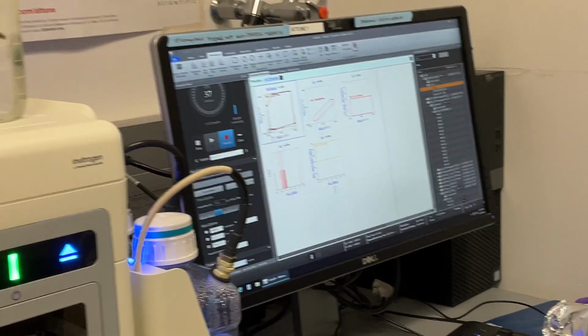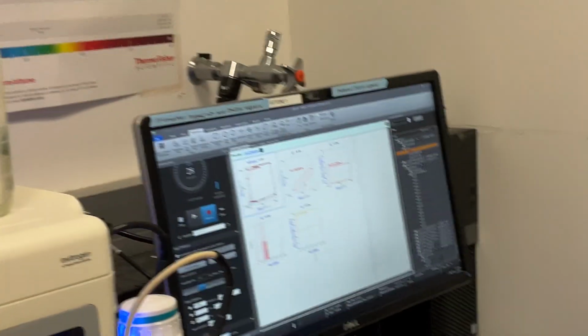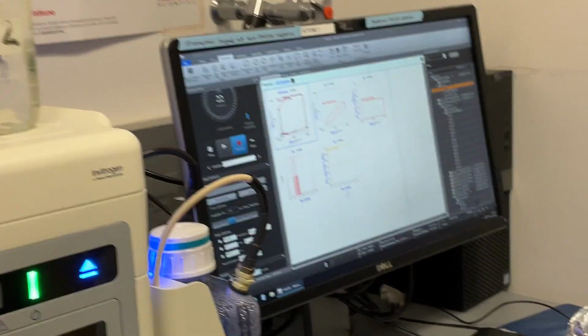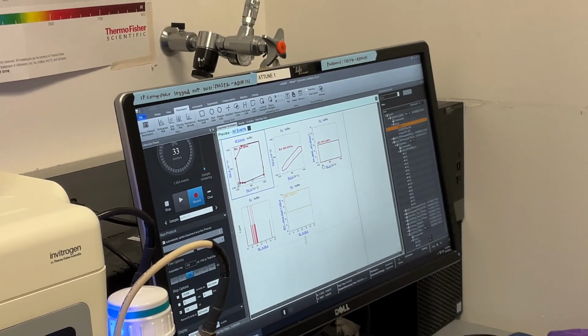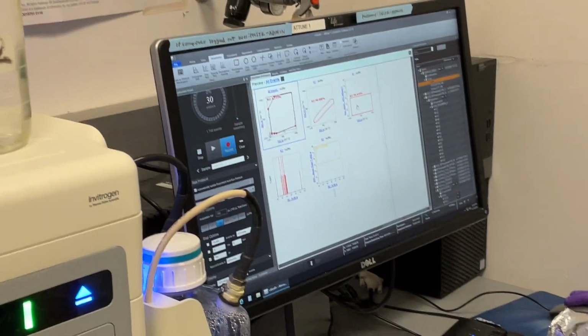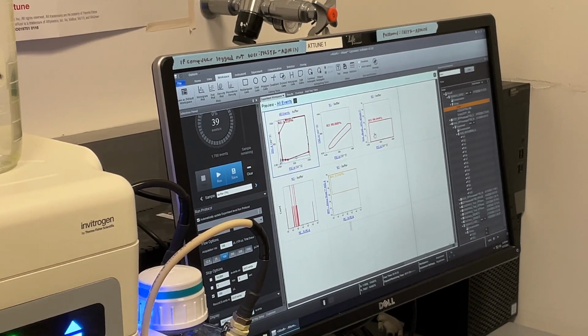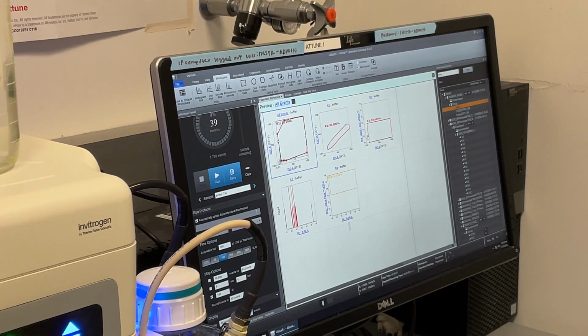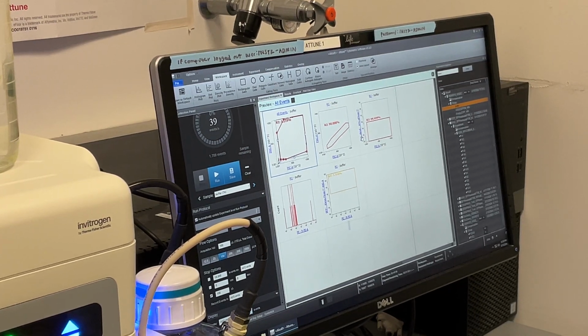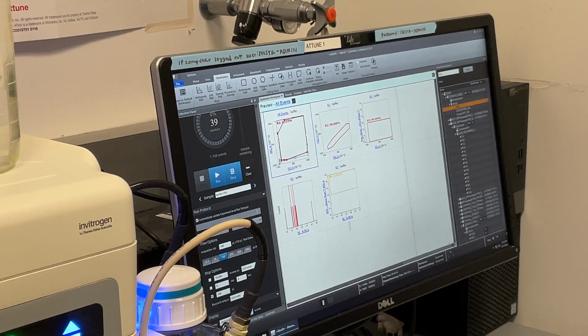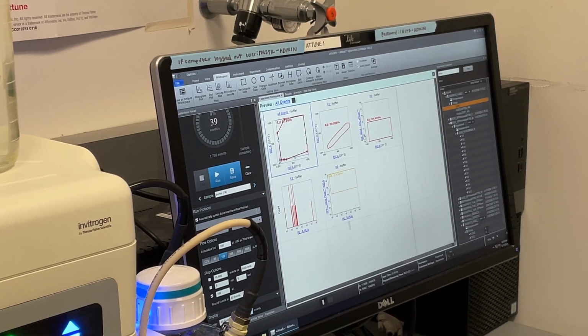So these are all of the cells, and these are the single cells that I'm trying to do, and this is the live dead staining channel. Currently it's running the buffer. Now just buffer.